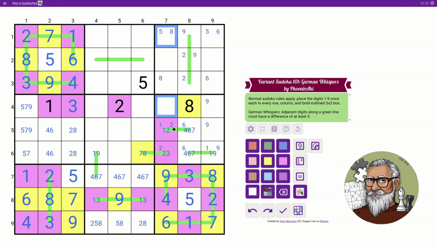That's 2 digits. Is there any digit missing in row number 6? Doesn't look like it, does it? 1, 2, 3, 4, 5, 6, 7, 8, 9.